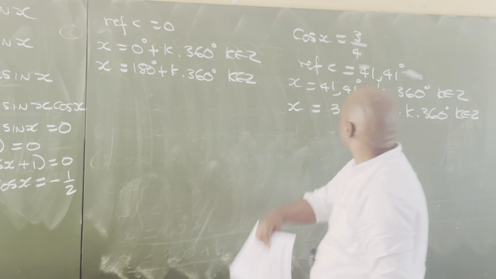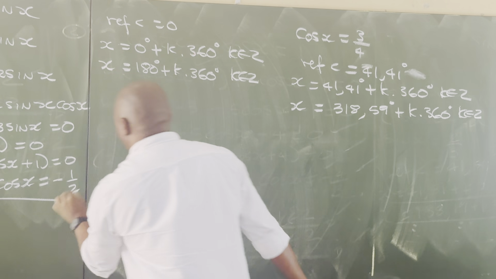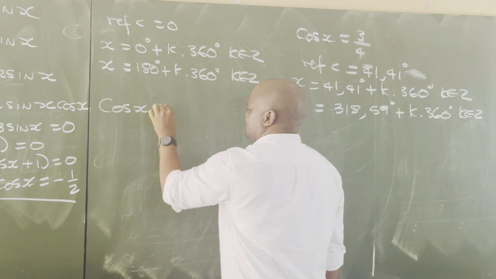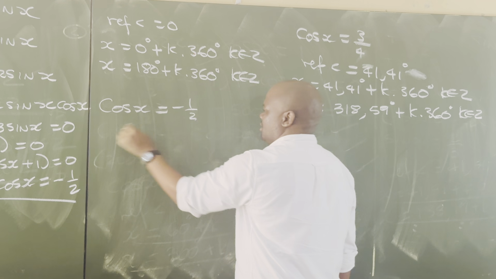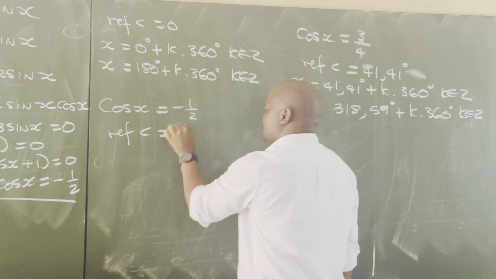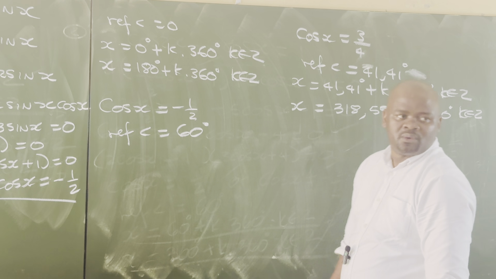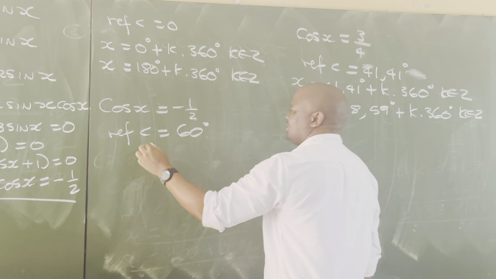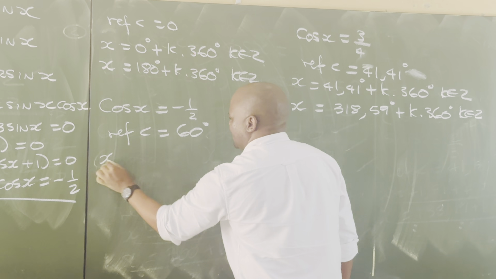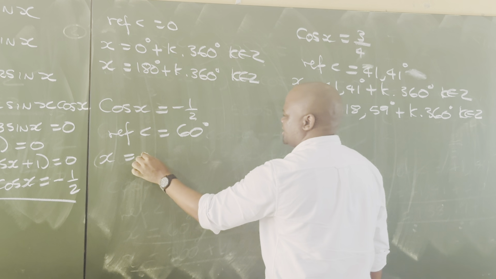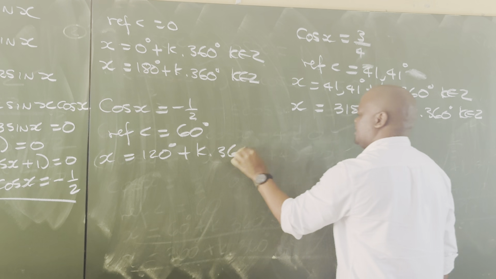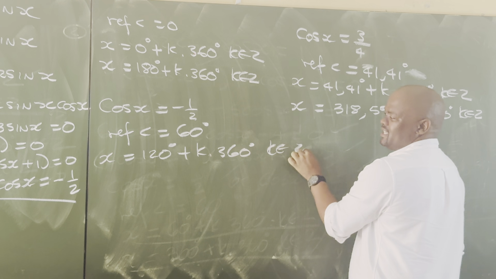Now we are done with cos x equals to 3 over 4. Now we are dealing with cos x equals to negative half. So this is cos x equals to negative 1 over 2. We said the reference angle is going to be 60. Which quadrants are we operating in? Second and third. In the second, we say x equals to 180 minus 60, which is 120 plus k times 360, where k is an element of integers.